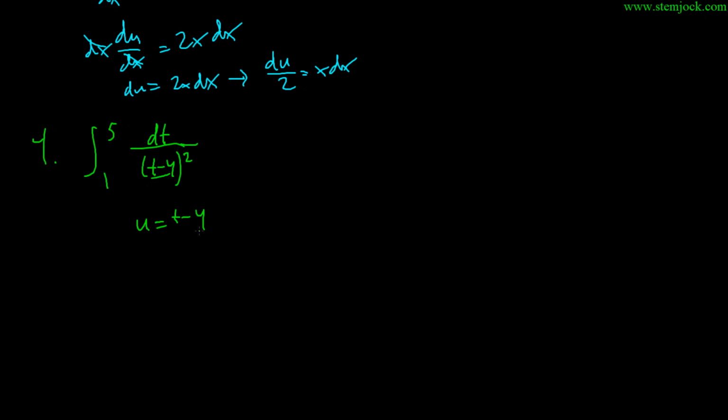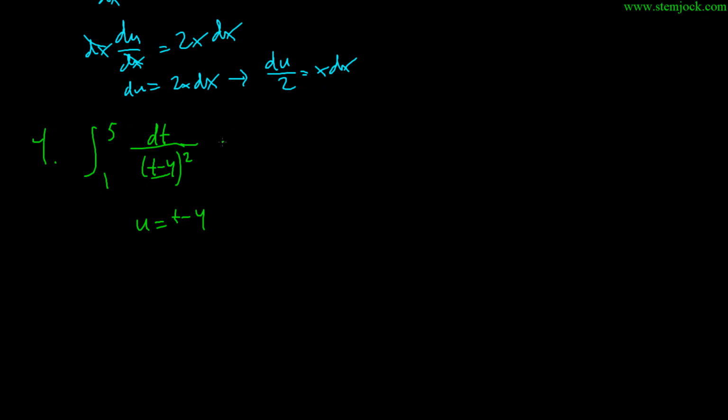this integral is actually a trick question because the denominator is t minus 4, and the limits of integration go from 1 to 5. You see what happens if we plug in 4 for t? The denominator goes to 0, and the integrand blows up. So when t is 4, which lies within these limits, the integral blows up.